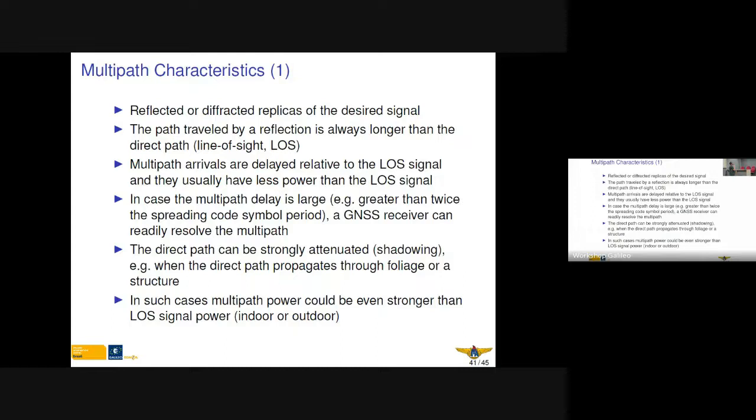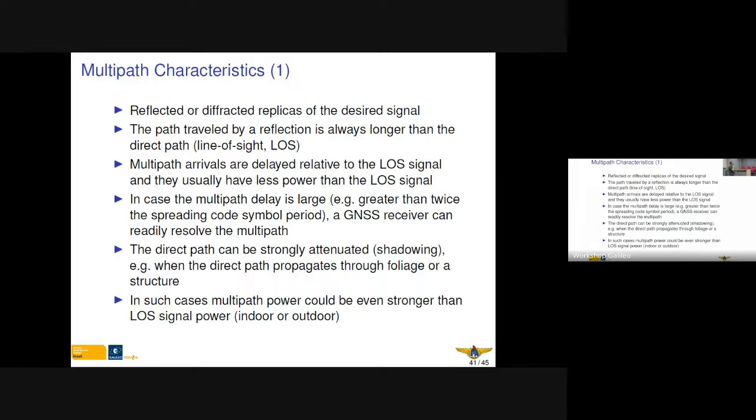The path traveling by a reflection is always longer than the direct path. We call the direct path also the line of sight path or signal. Multipath arrivals are delayed relative to the line of sight signal, and they usually have less power than the line of sight signal, because we have a larger distance to cover.